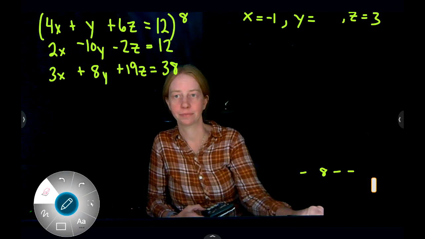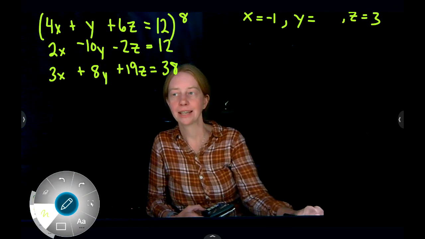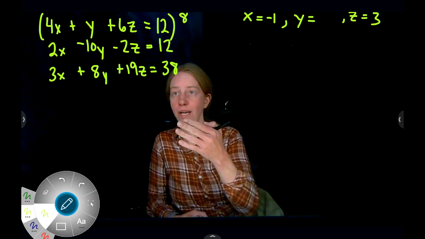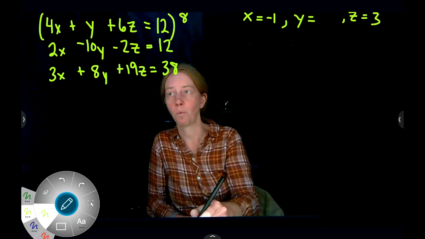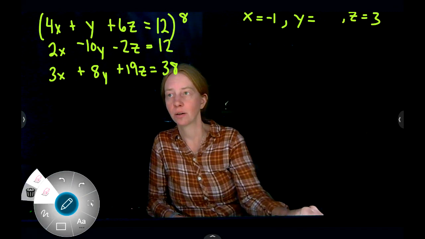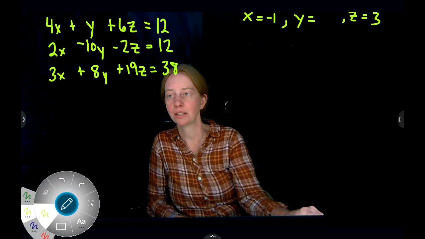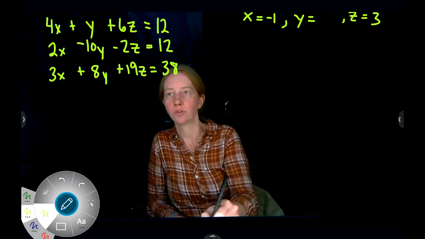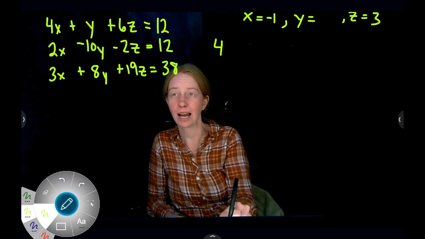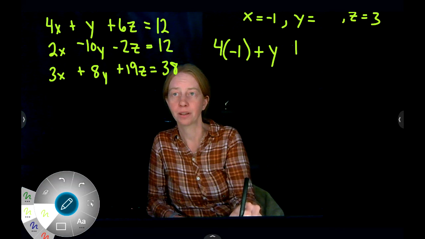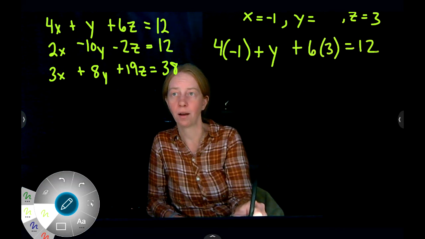Okay, and our last step is picking any of these equations, putting in our x and z, and then finding y. So let's go ahead and start with just this base top equation. We don't need to do any fancy multiplying. Okay, so 4x, so 4 times negative 1 plus y plus 6 times z, which is 3, equals 12.